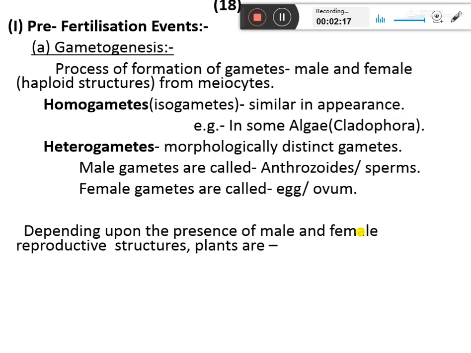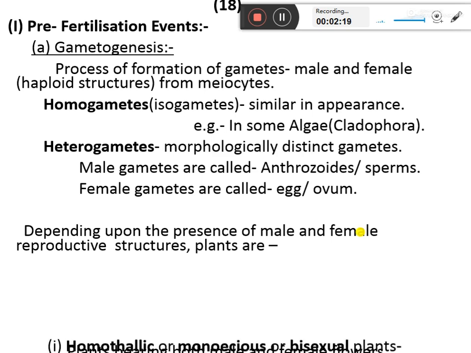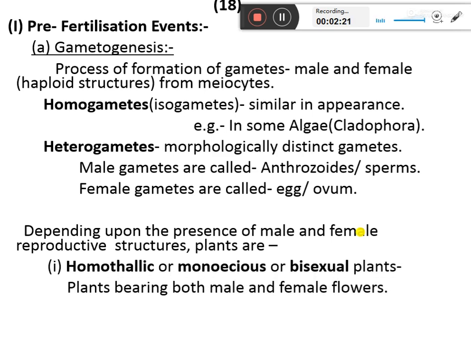Depending upon the presence of the male and female reproductive structures, plants are divided into two groups. One is called homothallic, the other is heterothallic. Homothallic plants are also known as monoecious plants, which bear both male and female flowers on the same plant.